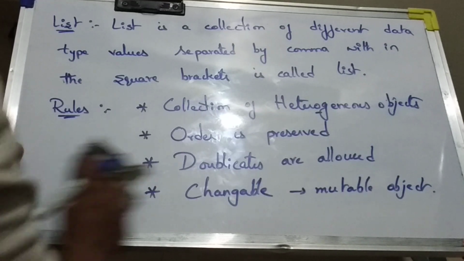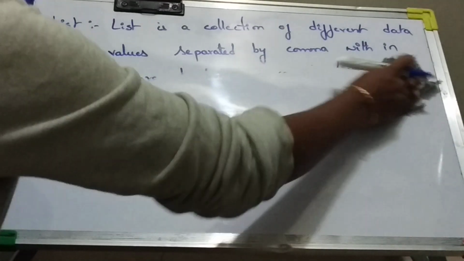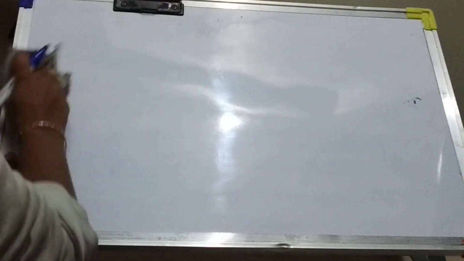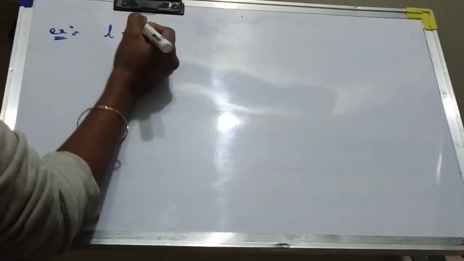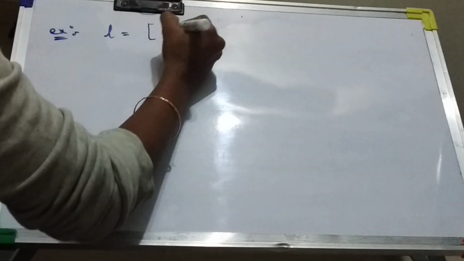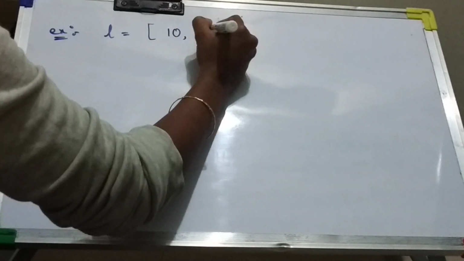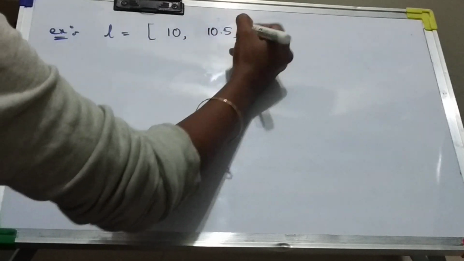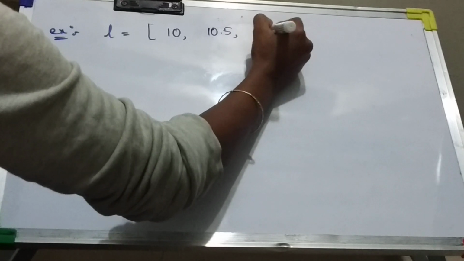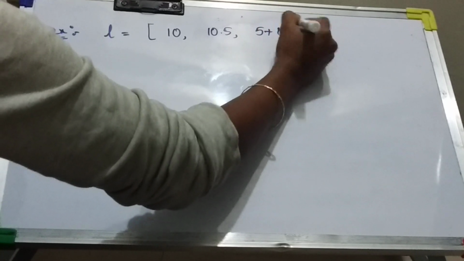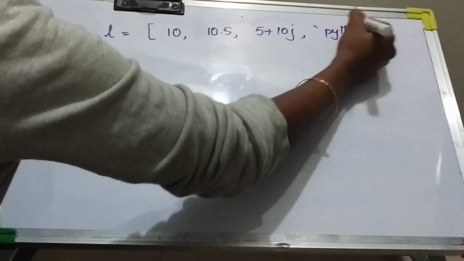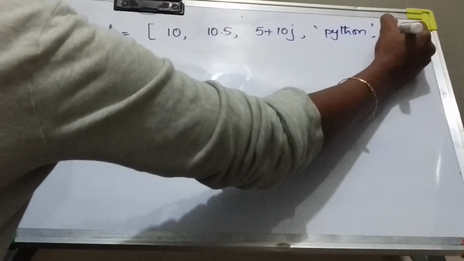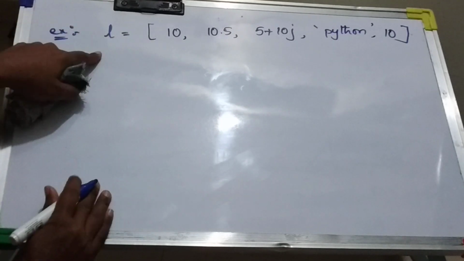For example, L is equal to 10, 10.5, 5 plus 10j, Python, 10.